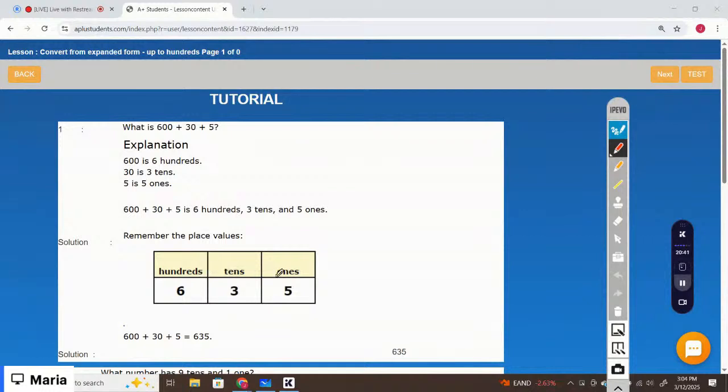So 600, 3 tens, 5 ones together they make 635.